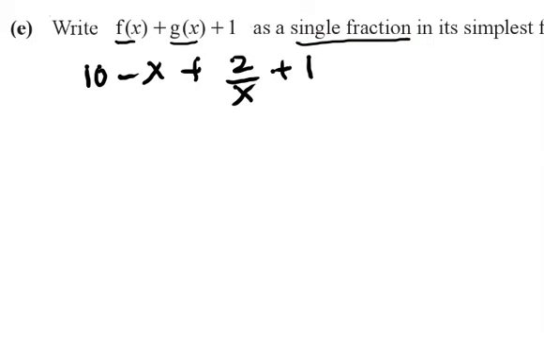We can make it over x, or we can put it together over 1 and over 1, so each we multiply with x.